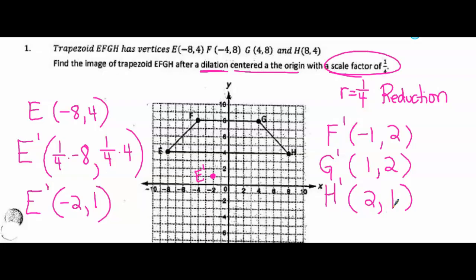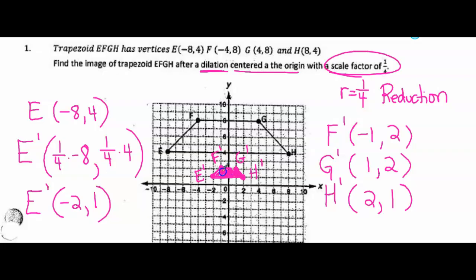Once you would get all your new points, you would go graph them. So -1, 2 is here, F prime. G prime is 1, 2, it's here. And H prime is 2, 1 right here. You would then connect your points. I like to shade mine in.